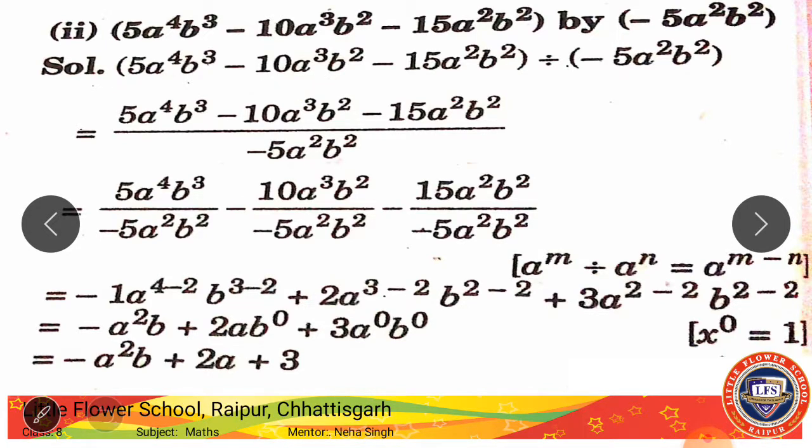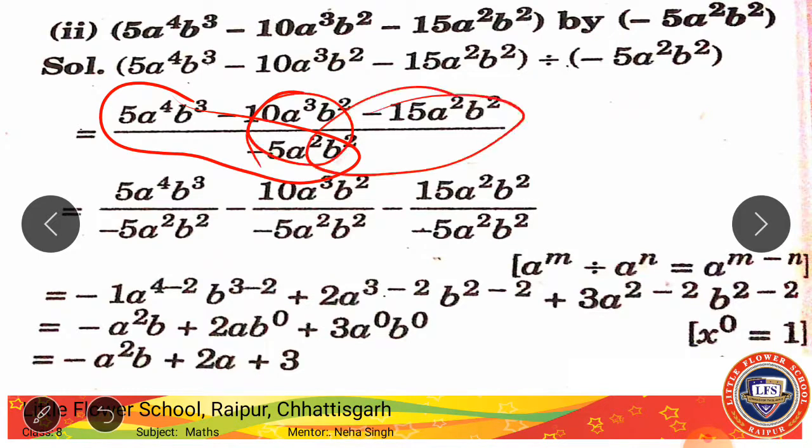That is one method. And the other method is what is given: you separate these terms, then these terms, and then these terms, and then you can use this property, right? And after using the property you can solve it.